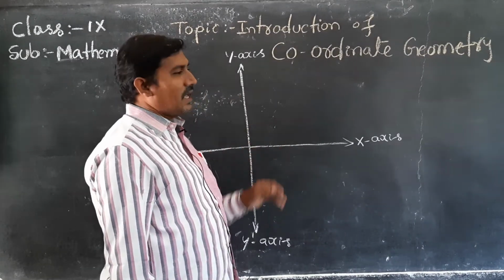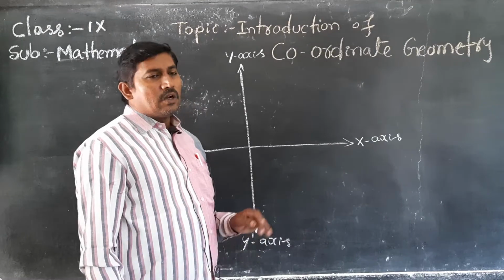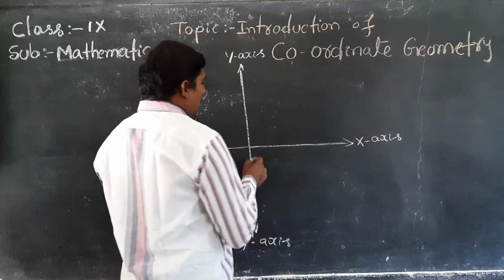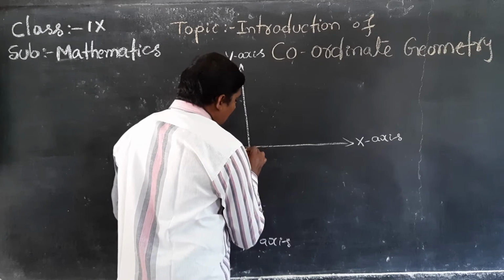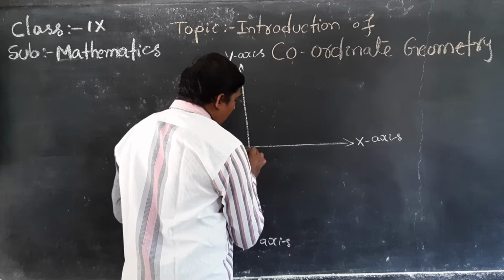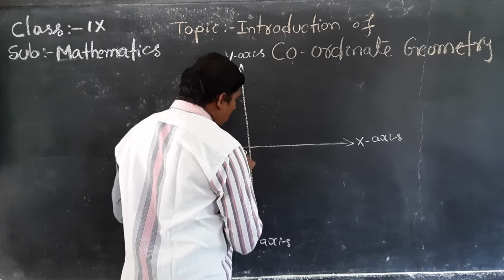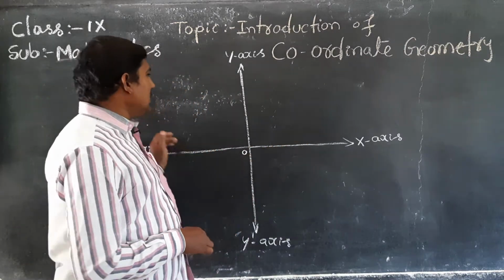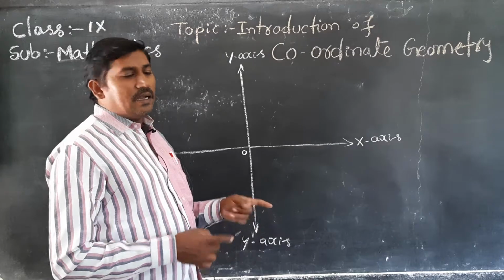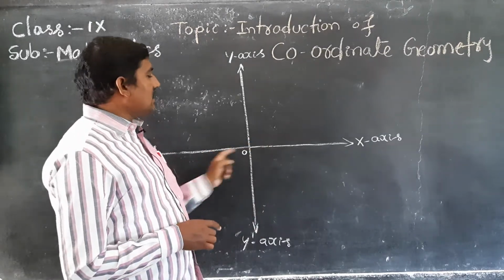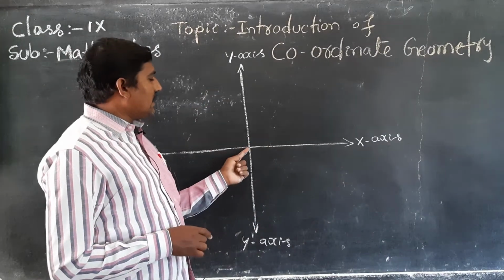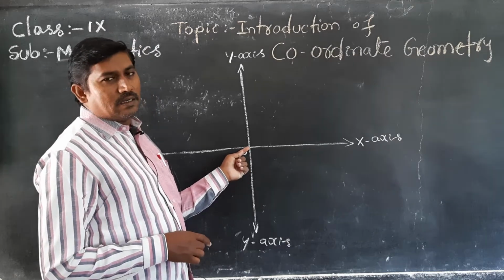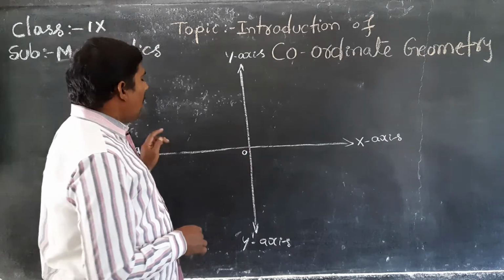Here we take O. This is called the origin, meaning the point where the x-axis and y-axis intersect. This point is called the origin.